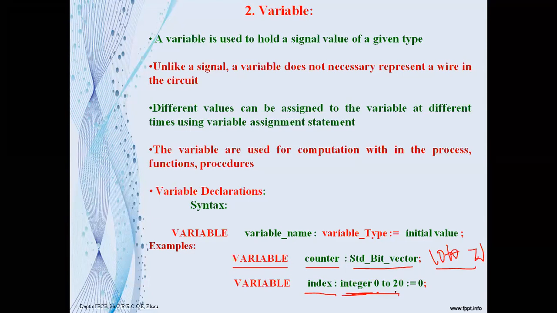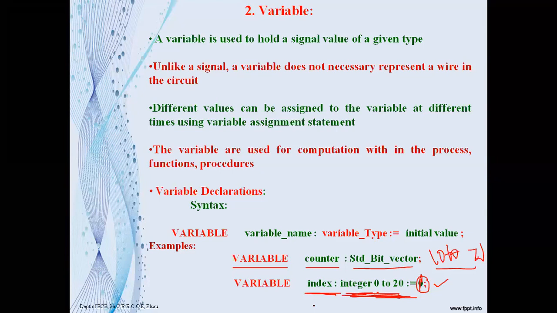The variable index is an integer having values between 0 and 20, and it is initialized with the value 0. So the initial value of this variable is 0. Suppose if I had given 1, the initial value of this variable would now be 1 here.